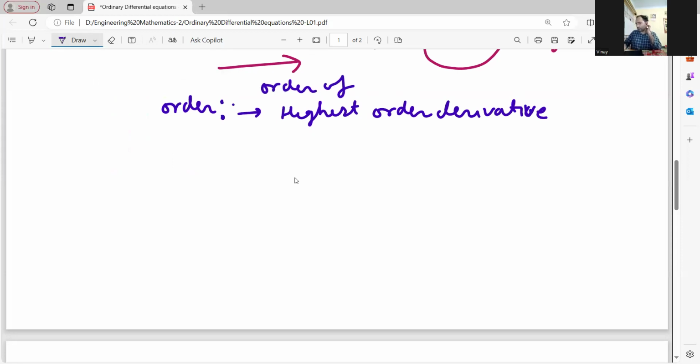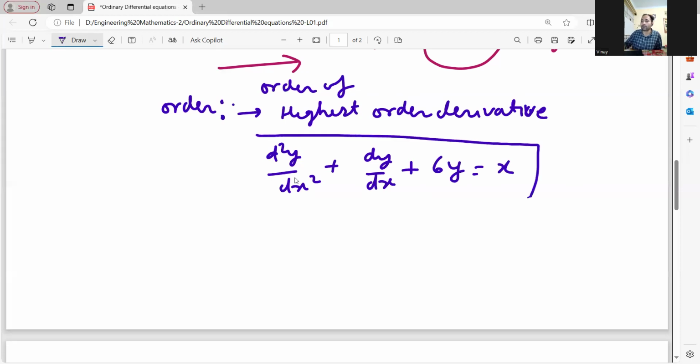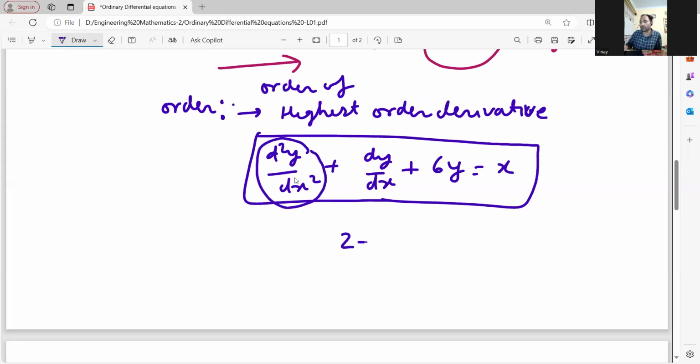For example, let's say you have a differential equation d2y by dx square plus dy by dx plus 6y is equal to x. If you have this differential equation, what is the order of the highest order derivative? 2. So order becomes 2.